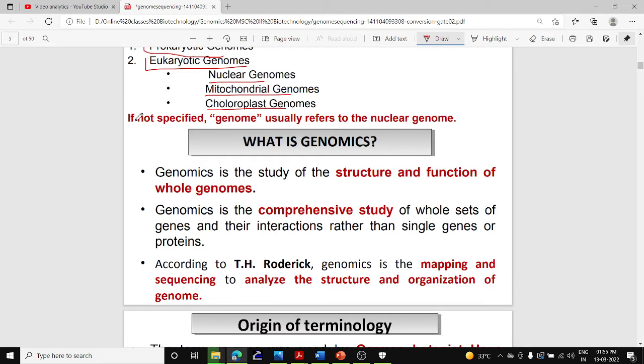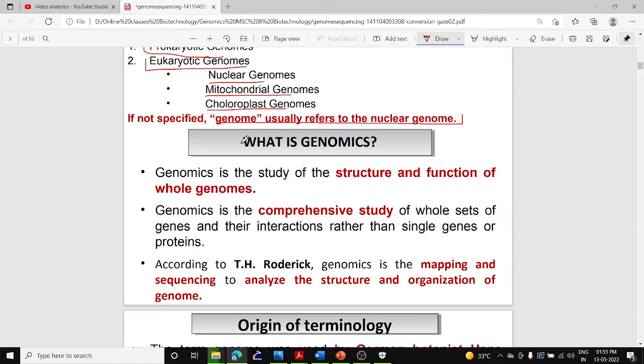If not specified, the genome usually refers to the nuclear genome. If it is not clear from which source the genome is, whether mitochondrial or chloroplast, then we can say the whole genome is from the nuclear set.